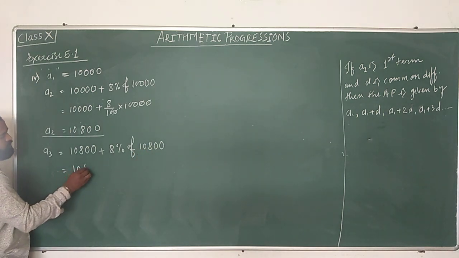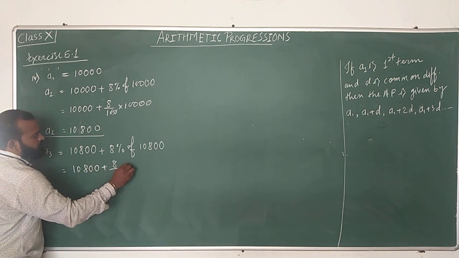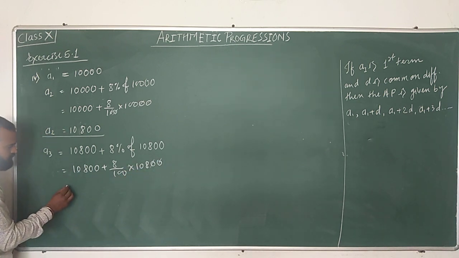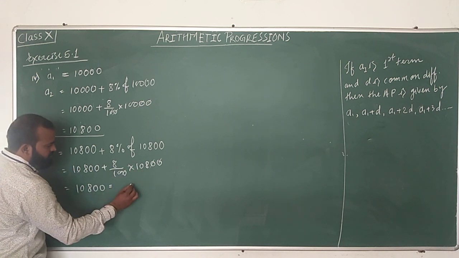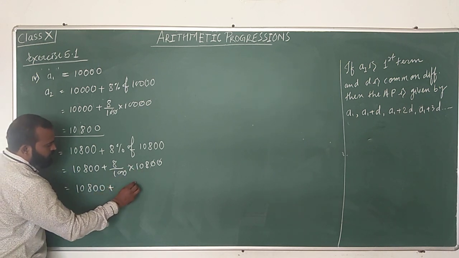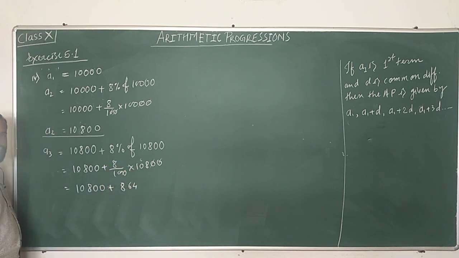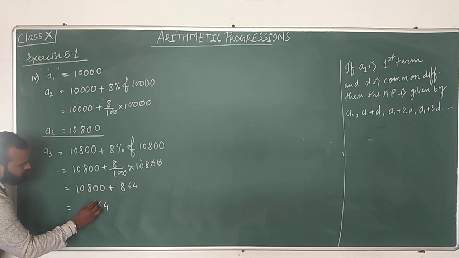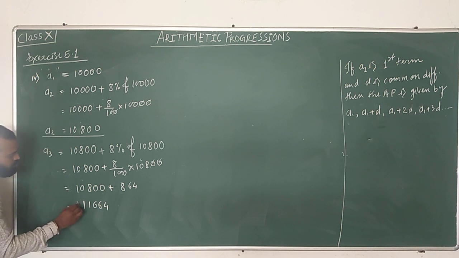Now calculate 10800 plus 8 upon 100 multiplied by 10800. 0 0 get cancel. Now 108 into 8, 8 8 64, 4 6 goes to carry, 8 1 8, 864. Now 4 6, 8 plus 8 16, 1 goes to carry, 1 1. So this is now amount.